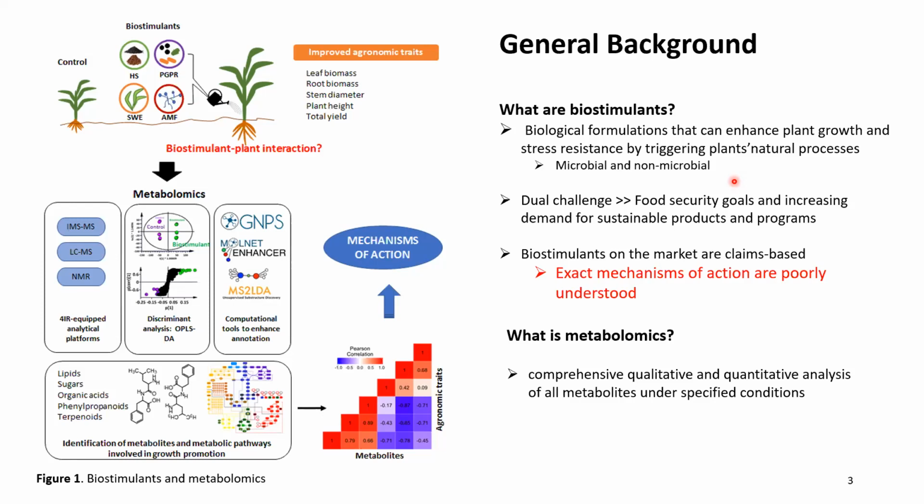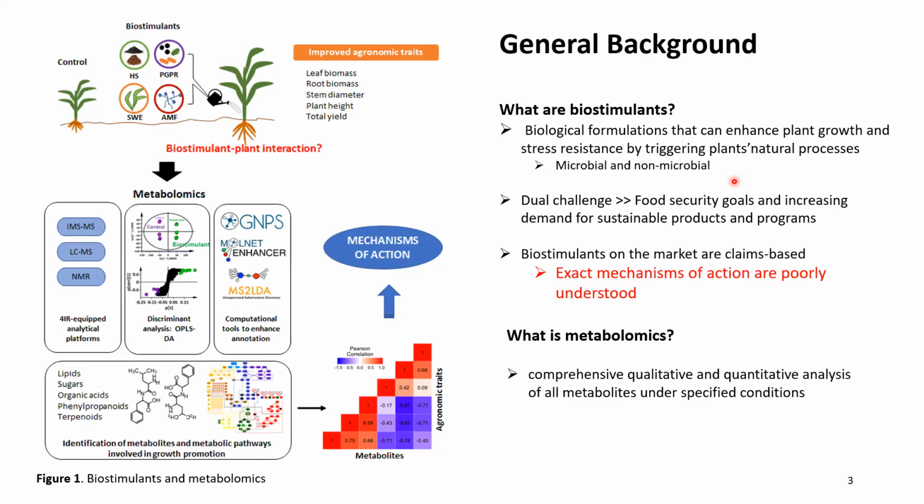Metabolomics has been proposed as an indispensable omic science that can help elucidate the biochemistry underlying plant-biostimulant interactions. Metabolomics can be simply defined as the comprehensive qualitative and quantitative analysis of all metabolites under specified conditions.